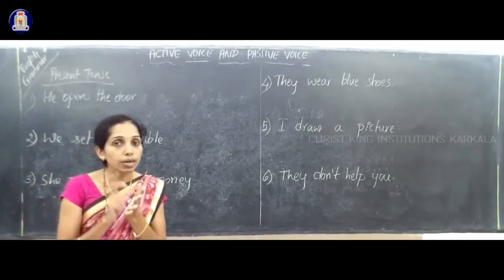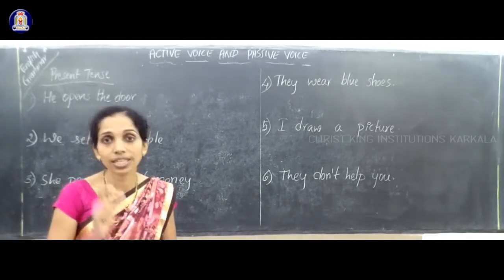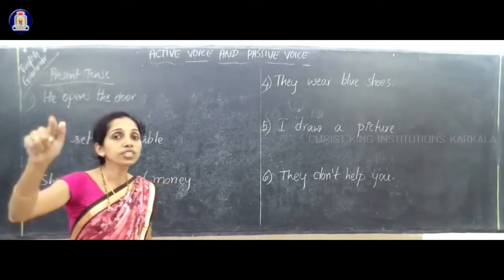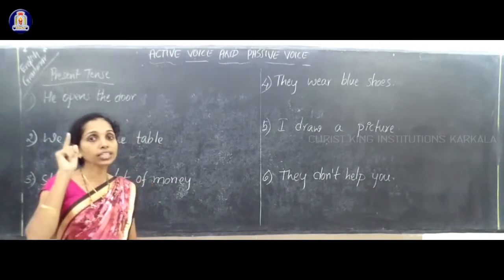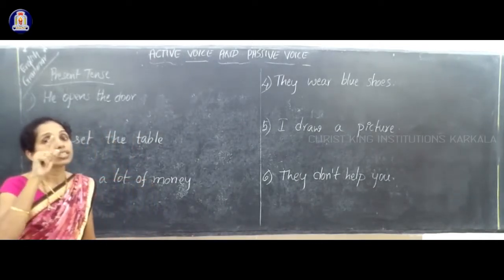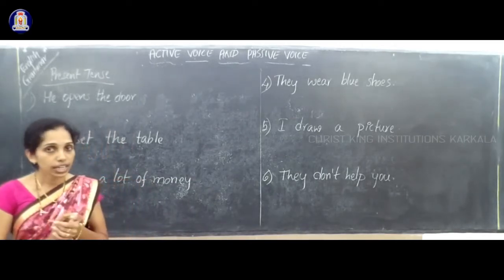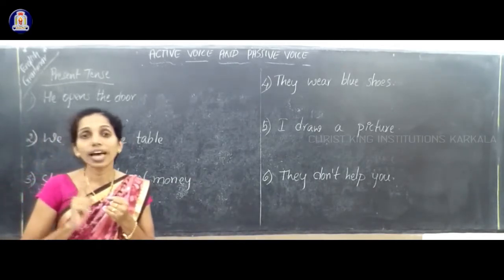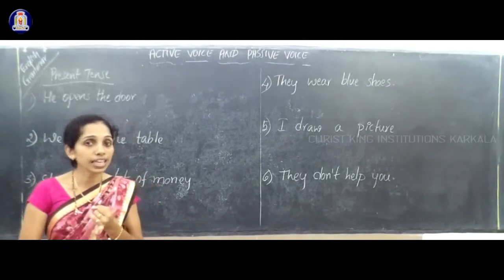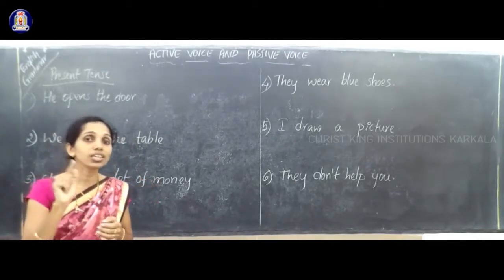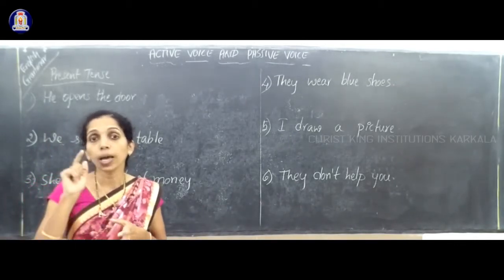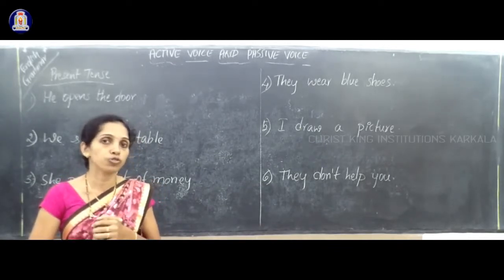So the subject of the active voice becomes the object of the passive voice, and the object of the active voice becomes the subject of the passive voice, right? And we have to use the helping verb, and then we have to use the third form of the verb or the past participle form of the verb, right?